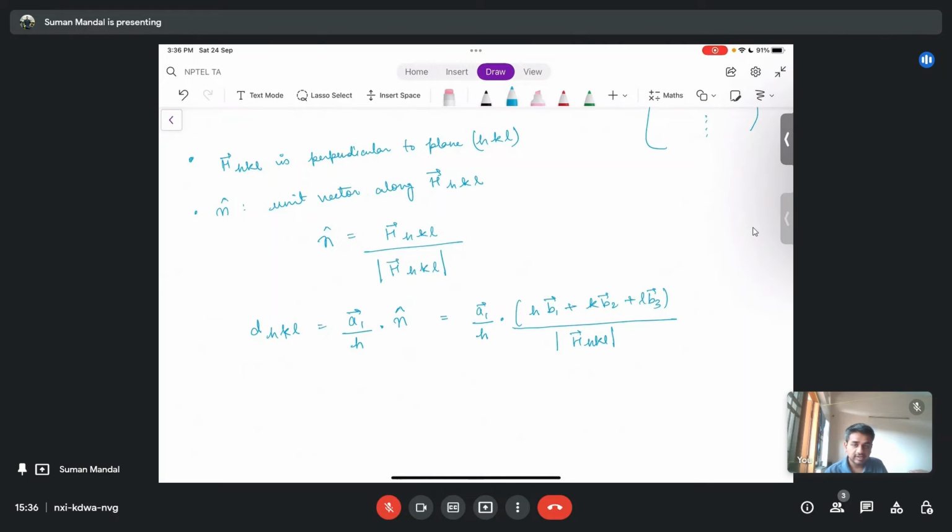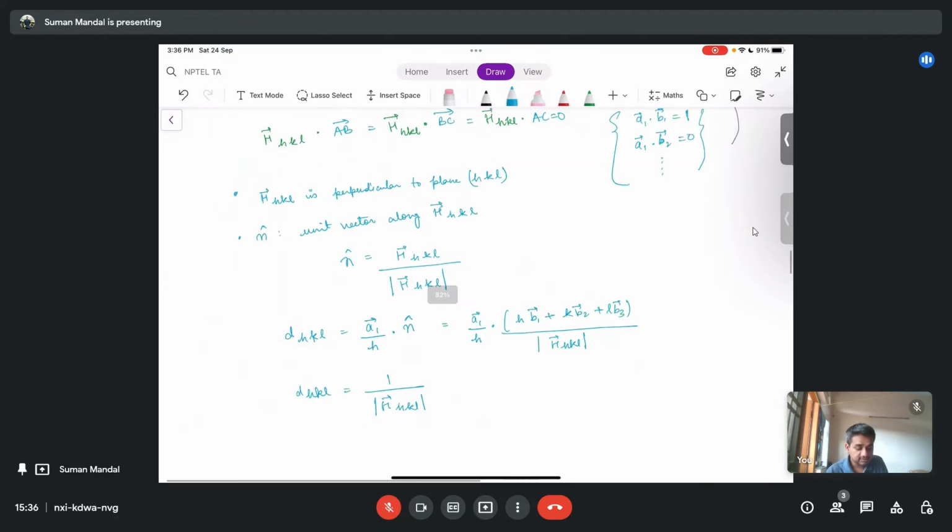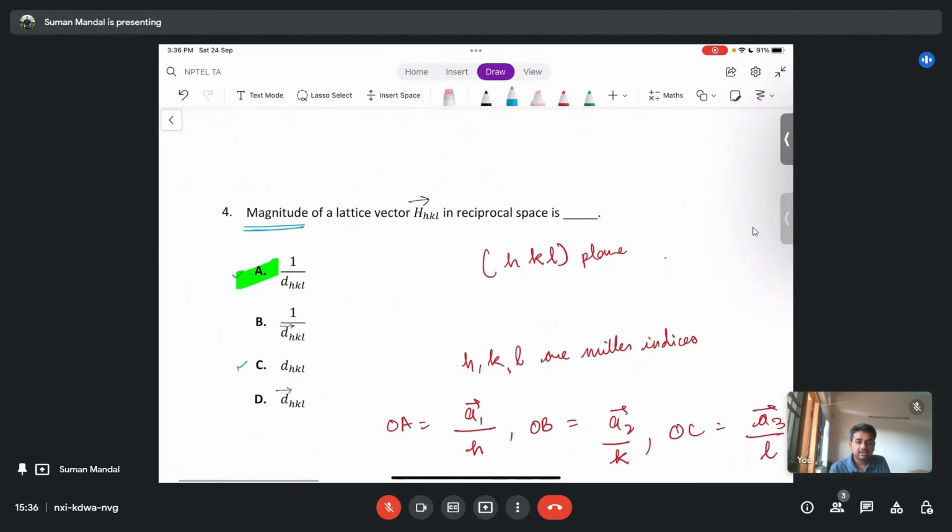So again a1 dot b1 will be 1 and H will cancel. So we see that dHKL is equal to 1 by the magnitude of HKL. So the answer is option A. The magnitude is the inverse of the lattice spacing.